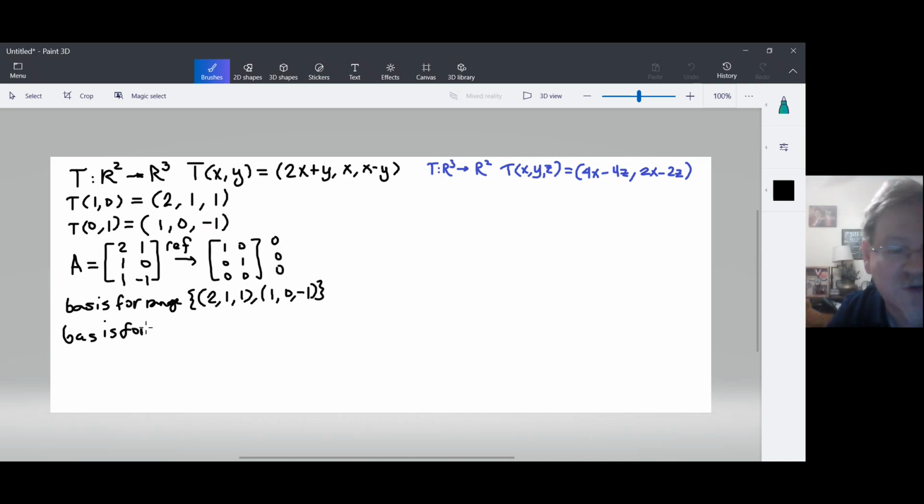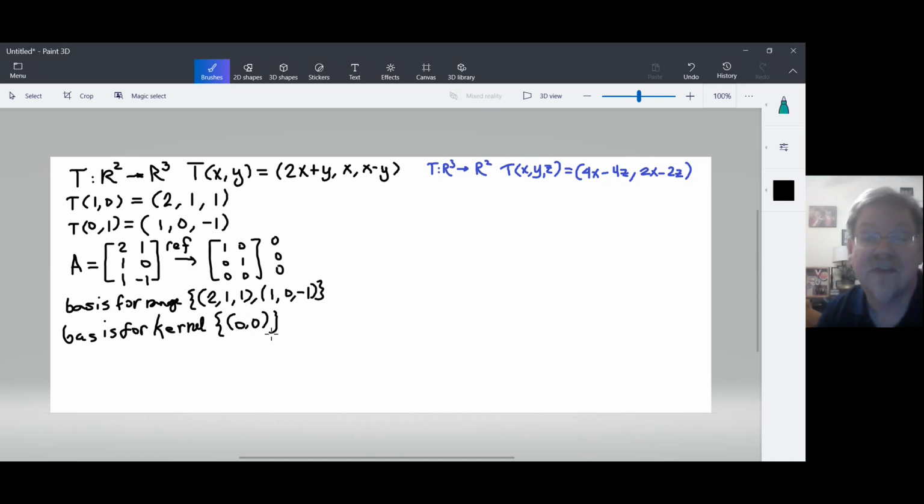Because all we got was just one unique solution, X has to be 0 and Y has to be 0. Remember that the kernel is the set of all vectors in the domain that get mapped to the 0 vector in the codomain. And it turns out that the only thing that gets mapped to the 0 vector of the codomain is the 0 vector in the domain.